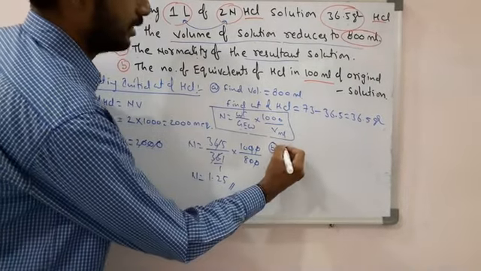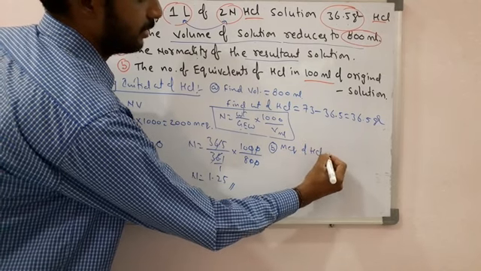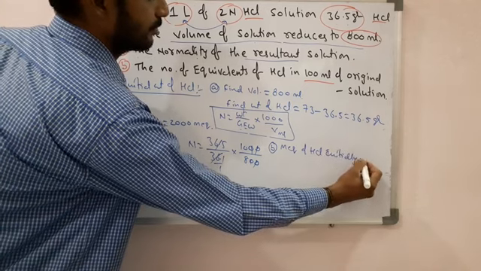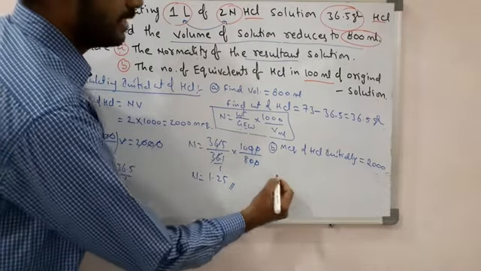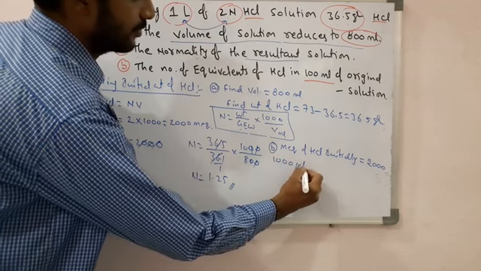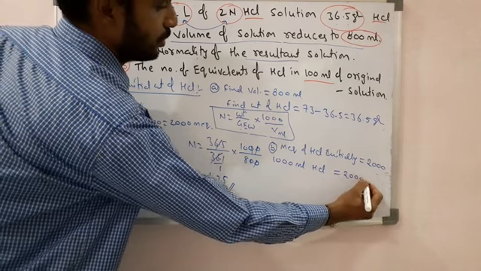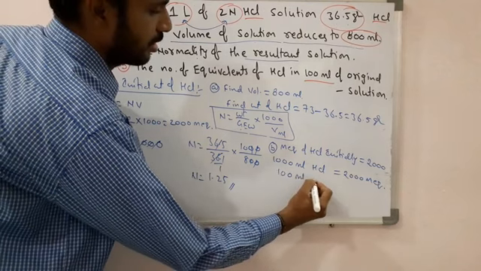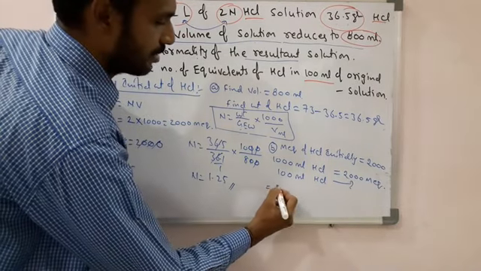So before heating, milli equivalents of HCl initially equal 2000 in 1 liter, that is 1000 milliliter of HCl is equal to 2000 milli equivalents. Then what about 100 milliliter of HCl, how many milli equivalents does it contain?